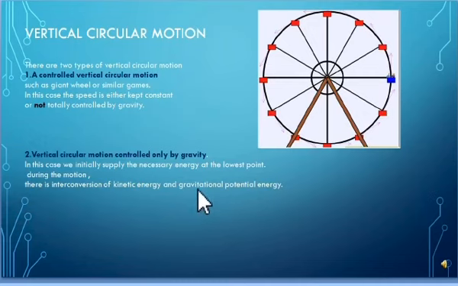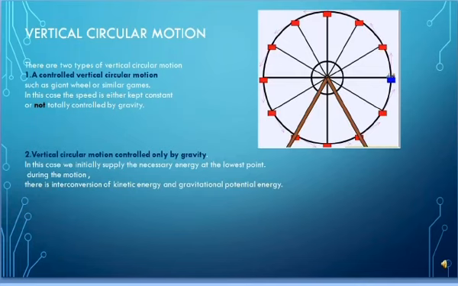Now, we know if we tie a ball or bob to a string and whirl it vertically, it is an example of vertical circular motion which is controlled by gravity. Here we give some energy to the string, so it performs vertical circular motion.